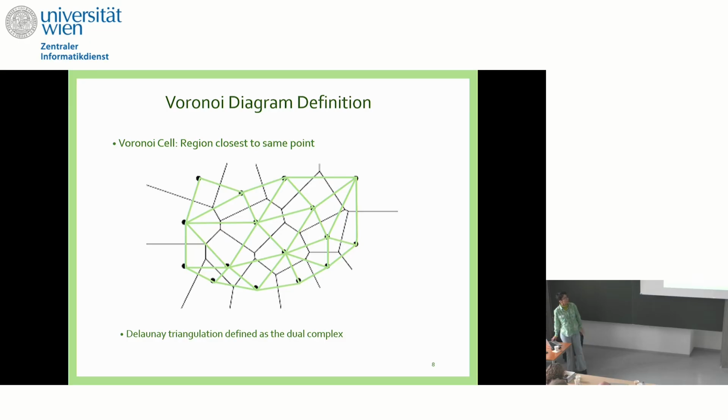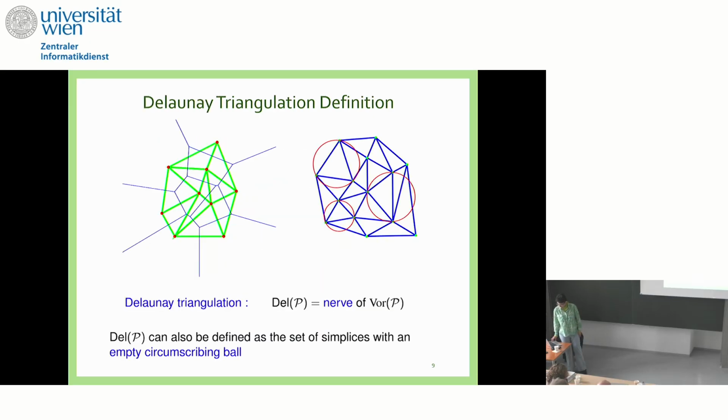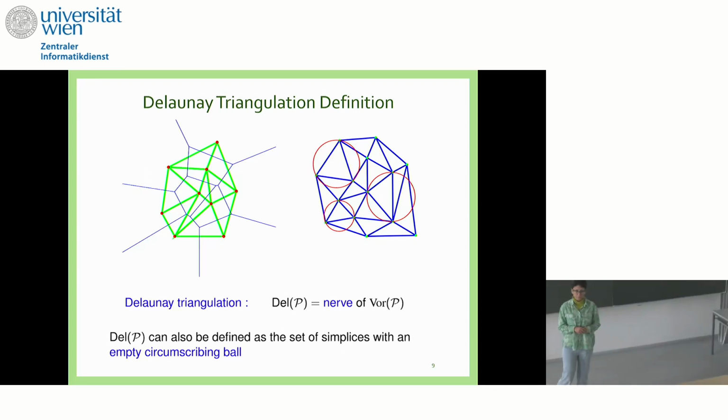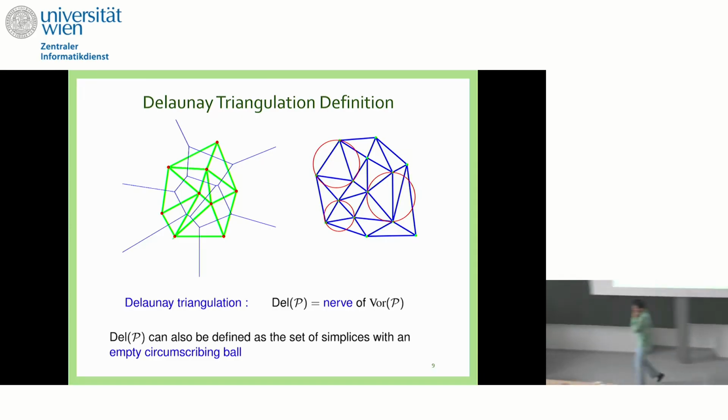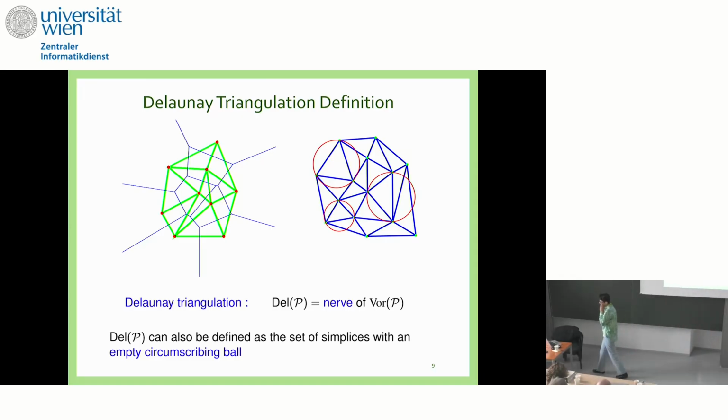And so the definition of Delaunay triangulation can also be provided in an independent way. If you have a point set, I can also define my Delaunay simplices as the ones which have an empty circumsphere, right? So this is exactly equivalent to what we have said, and you can see why.